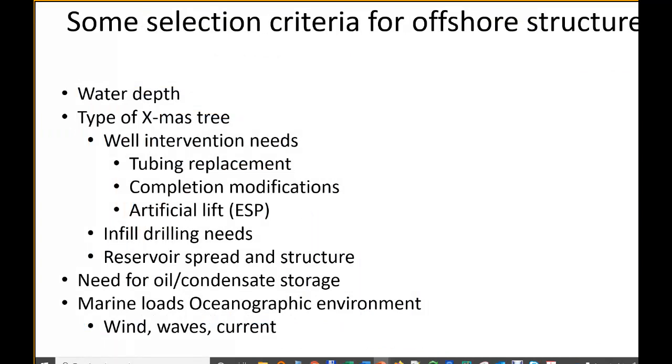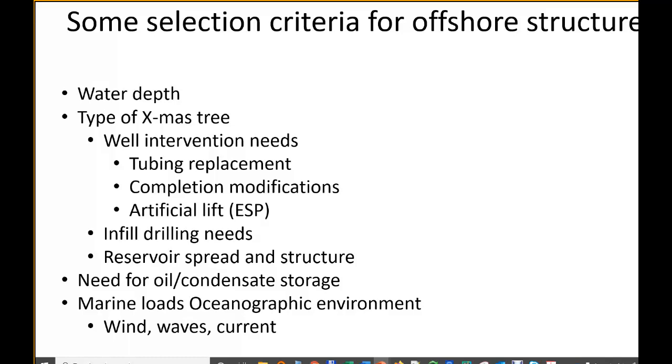The type of Christmas tree, that's something that we're going to talk about in more detail. You have two types, dry and wet. Wet basically means subsea wells, and dry means platform wells. That depends on a few things, but the main thing is the reservoir spread and structure.